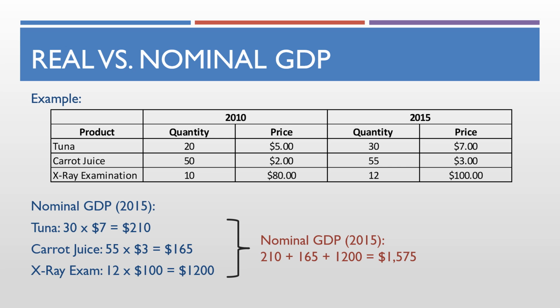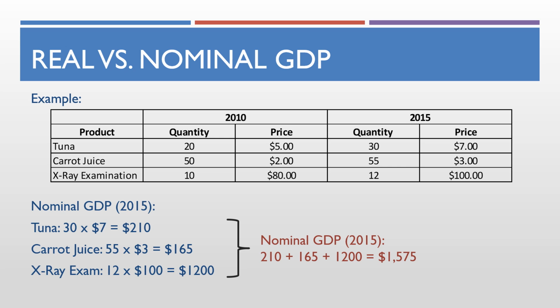So if we compare the nominal GDP in 2010 and 2015, we are $575 better than 2010. But is it really necessarily true, right?